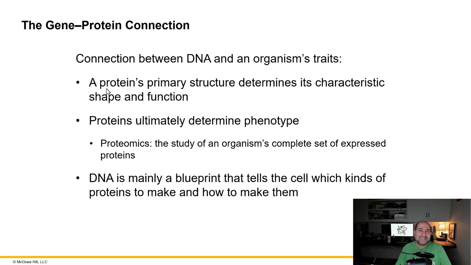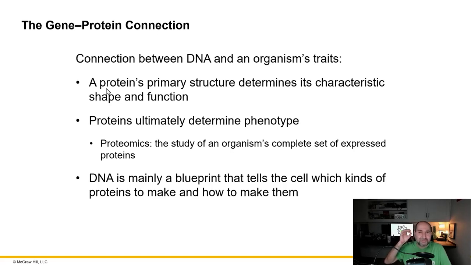So again, we say that genes give us our traits, but that's only part of the story. It's actually the proteins which give us our traits. The genes merely code for those proteins. So for instance, if I have brown eyes, it's not because the gene is directly causing my eyes to be brown.